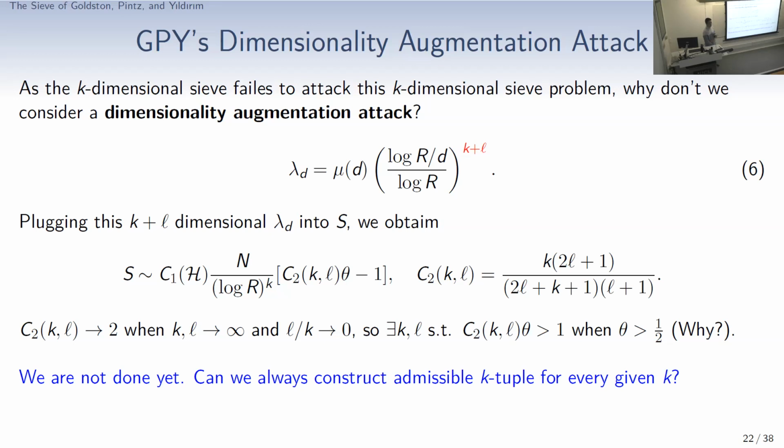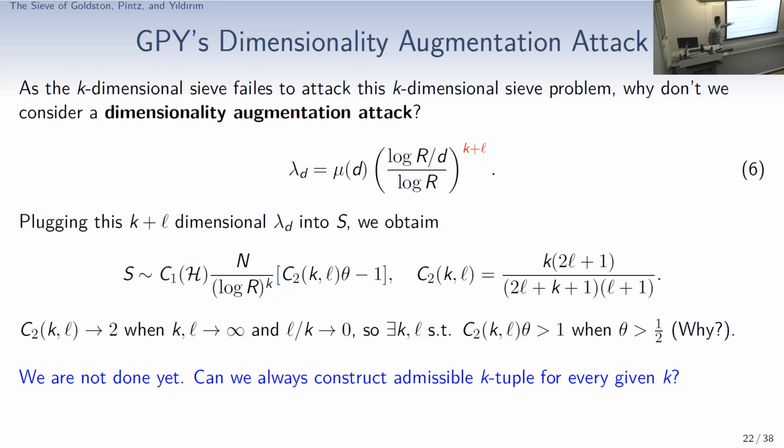If theta is greater than 1/2, suppose it is 1/2 plus some delta, then we can make epsilon small enough such that 2 minus epsilon times 1/2 plus delta is greater than 1. This is possible. And with this in mind, we can make this whole thing greater than 0.